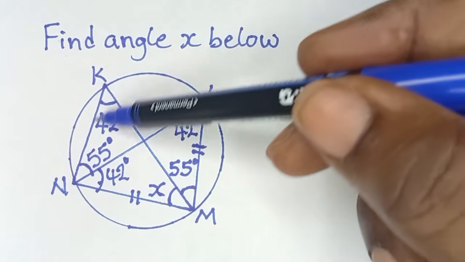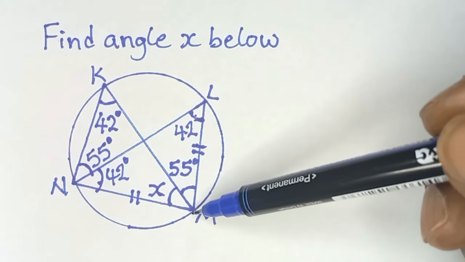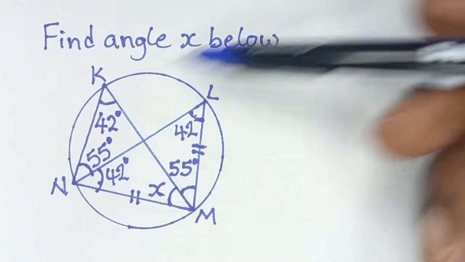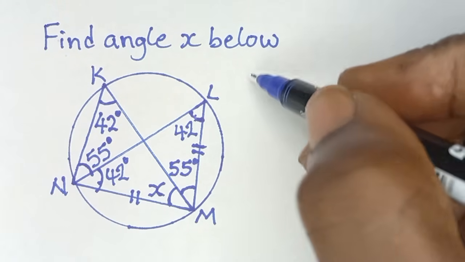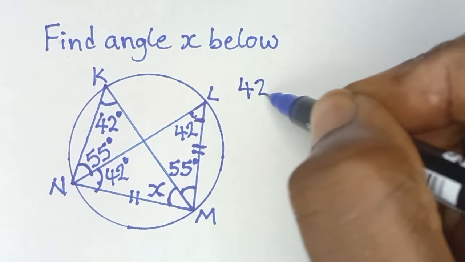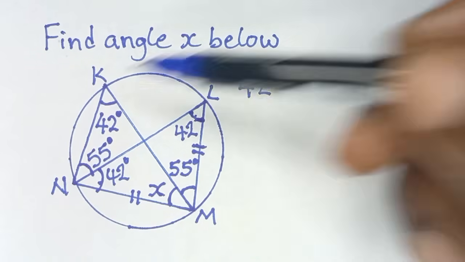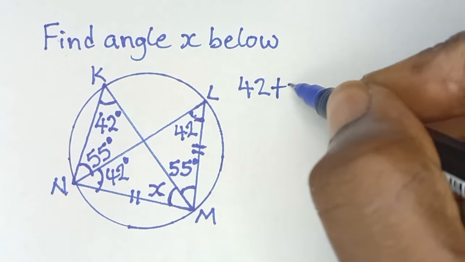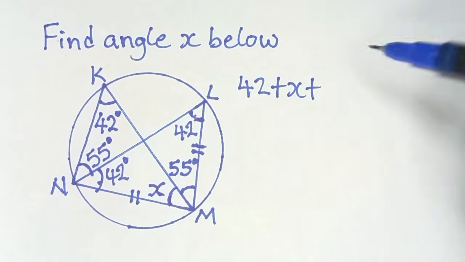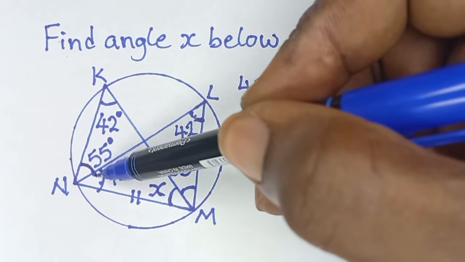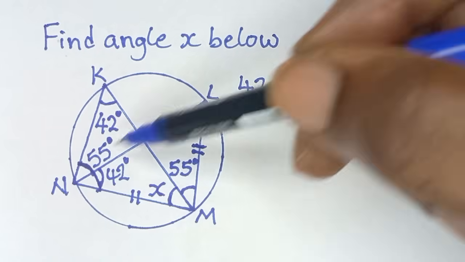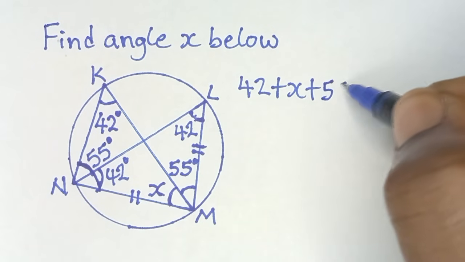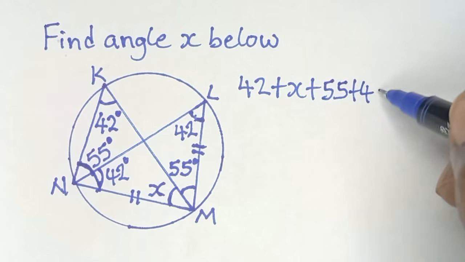Then we can come to this triangle KMN. What can you say about that triangle? You can see that we have 42 degrees, that is this 42. We have angle X that we are looking for. So I say plus X. And then plus this full angle here. And what is this full angle here? 55 plus 42. So I call it 55 plus 42.